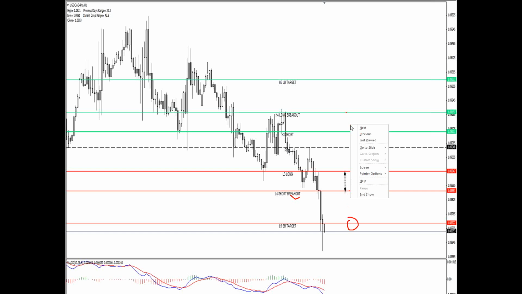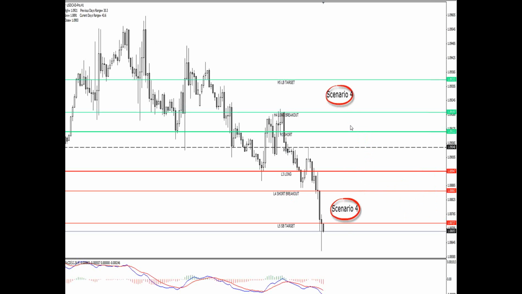And we have the final, fourth scenario for Camarilla: the open price is outside of H4 and L4, so in between H4 and H5 or L4 and L5.